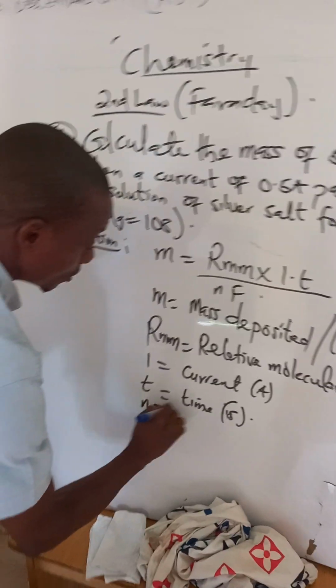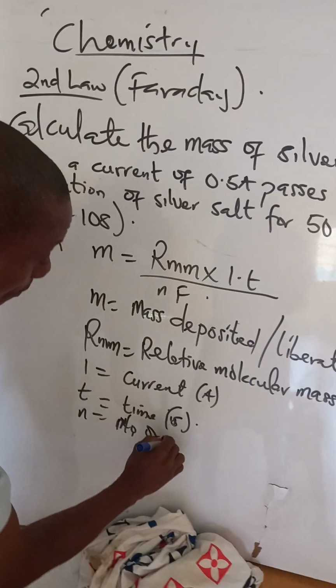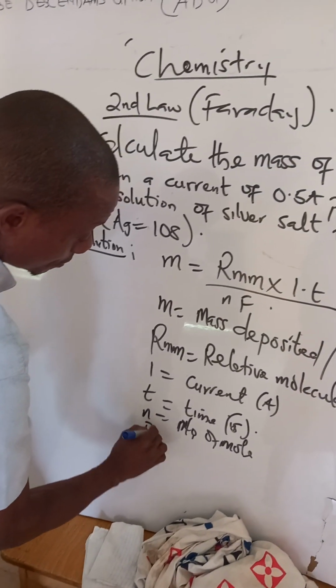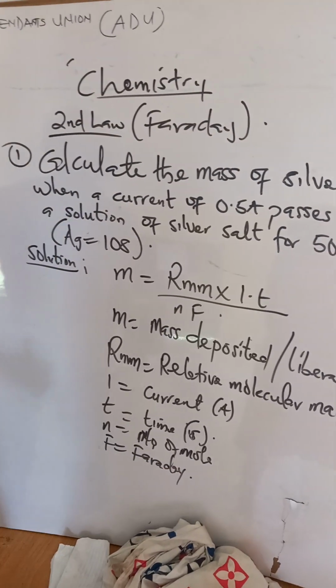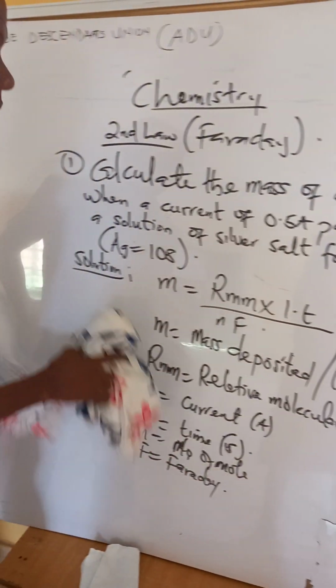N is number of moles, and F is Faraday, the number of Faradays.